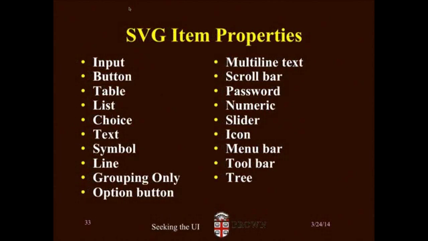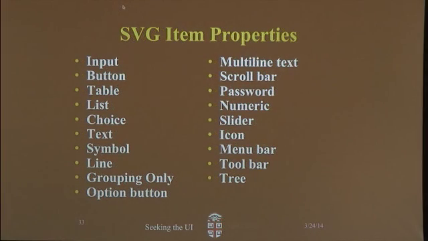And these are the properties we're looking for. We're looking for, is it an input area or not? Is it a button or not? Could they represent a table, a box with lines, vertical and horizontal lines, a list, a choice thing where you have a box that has a down arrow on the right, so you can choose multiple things there.